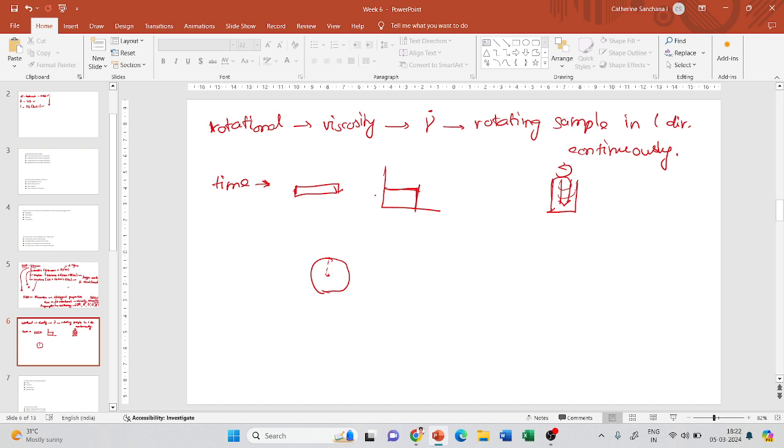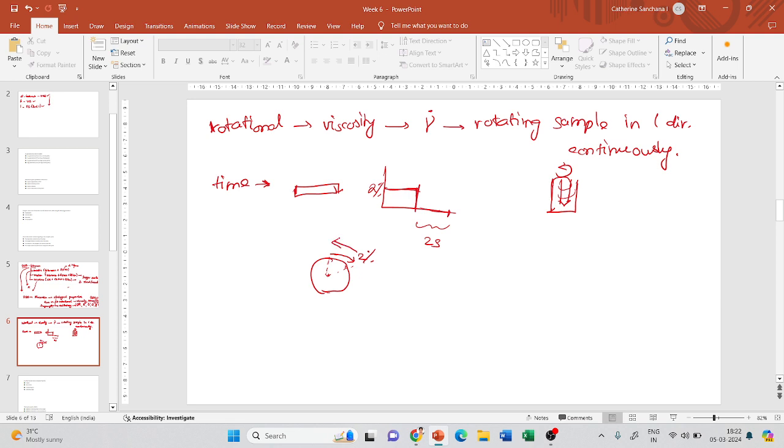So let us say this is 2% strain, and 2% strain for this sample is this much. I'll first rotate the sample in this direction to 2%. So this corresponds to 2% strain, and if I have to provide a rest period for, say, 2 seconds, then I will go back again to the mean position.